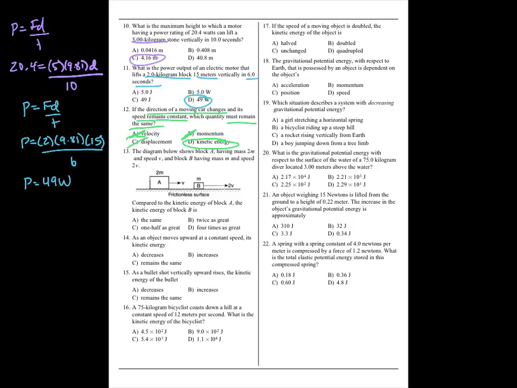Okay, number 13. Compared to the kinetic energy of block A, the kinetic energy of block B is what? That means we have to use dummy variables. So I'm going to do A right here, pretending its mass is 2, given in the problem, and its speed is 1.